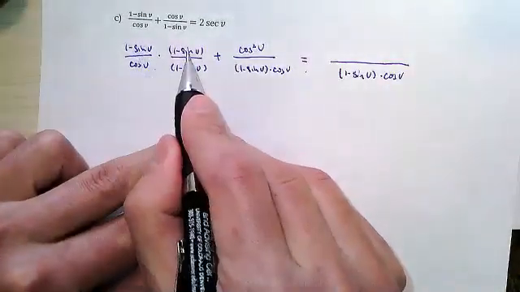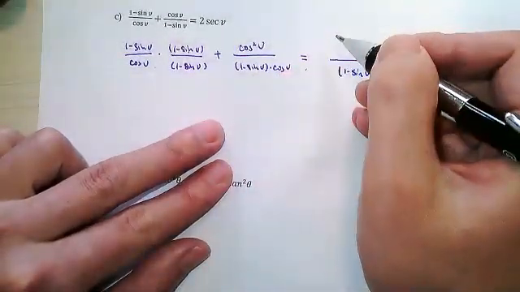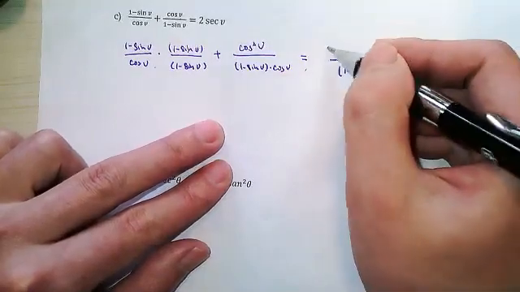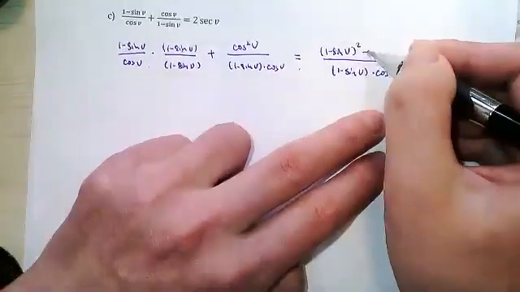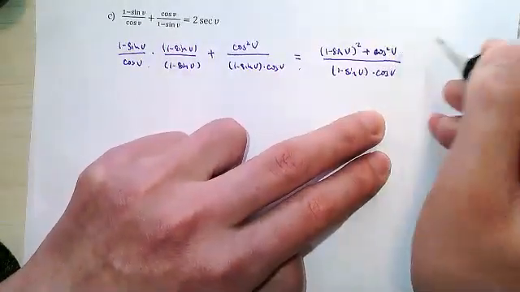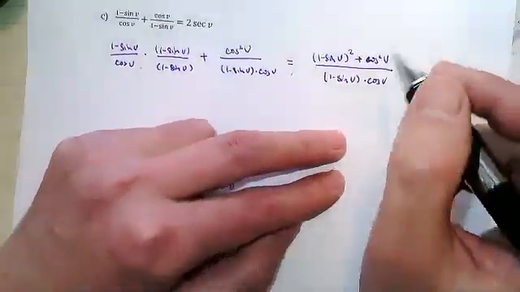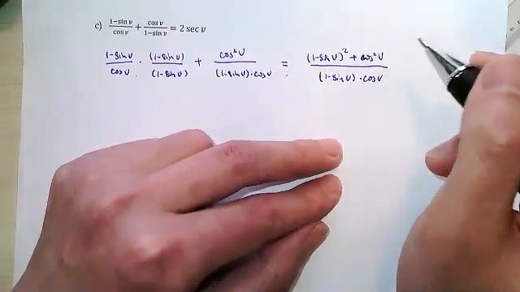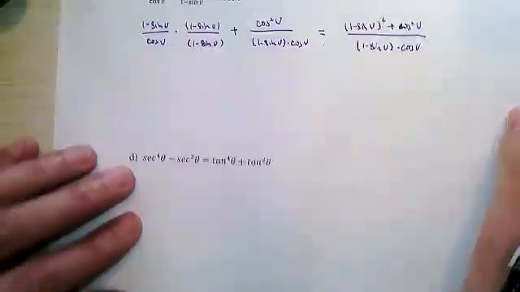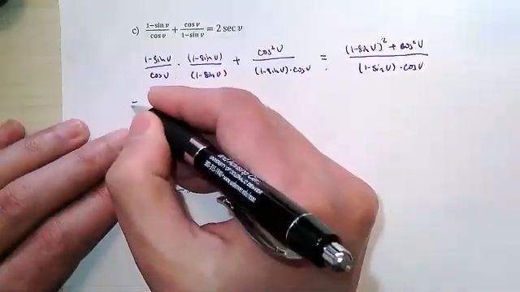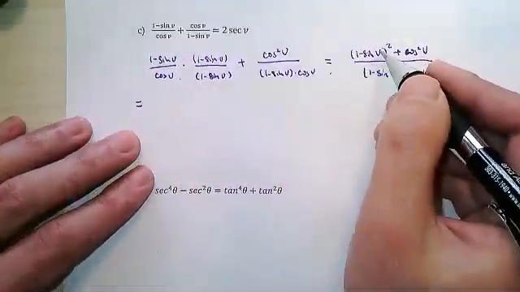This times this guy is just itself. So you have 1 minus sine v squared plus cosine squared v, okay? So once you get to this, what is this guy?